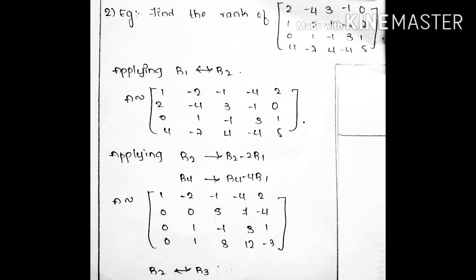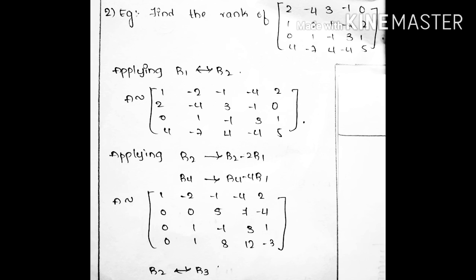So now here I am applying R1 interchange R2. Here what I am doing is interchanging the rows. This is for my convenience. If 1 is in the first row, when I am using R2, R3, R4 row operations, it is very convenient. So I am taking R2 interchange R1. So interchange the R1 and R2 rows.